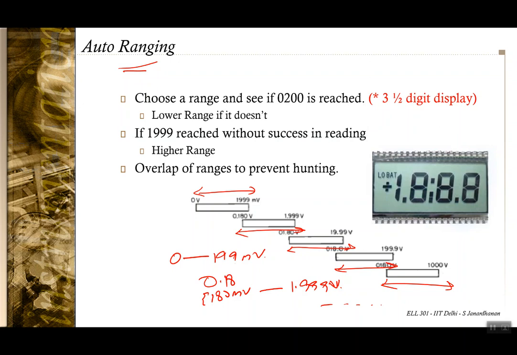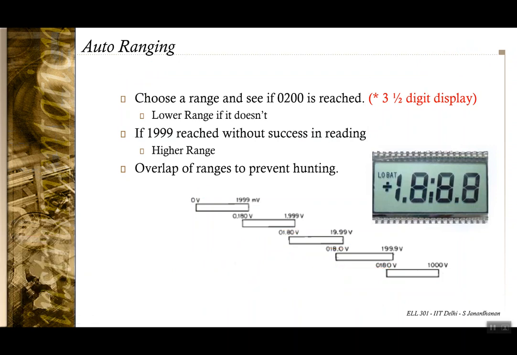So if you have a 3.5 digit display, that is a display that goes from 0000 to 1999, the first digit can only be 1 or 0, it can't be anything other than 1 or 0. In a 3.5 digit display, the philosophy is that you choose a range, and then check whether the reading 0200 is achieved at all.